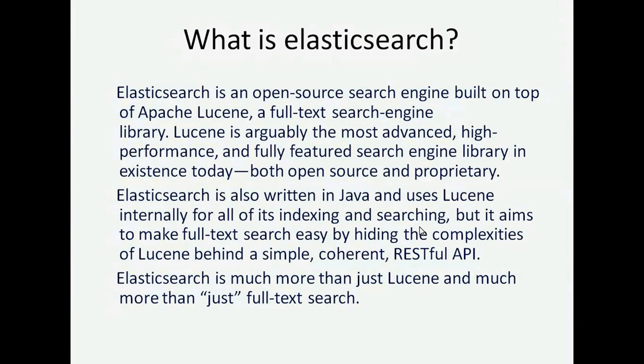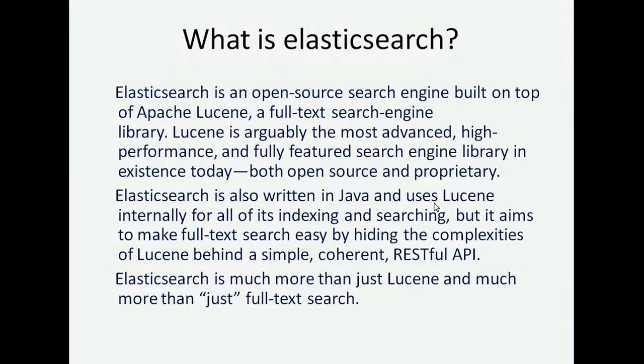More specifically, Elasticsearch is a standalone database server that takes data in and stores it in a sophisticated format that is optimized for language-based searches. Yeah, Elasticsearch is much more than just Lucene.